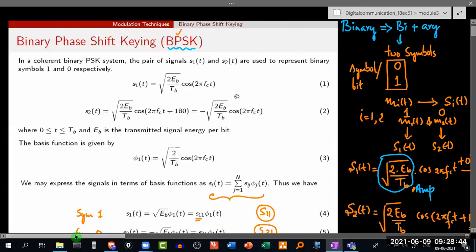Then we'll make use of a modulation scheme like binary phase shift keying, which affects only the phase part of the carrier signal. There are a lot of modulation techniques available, out of which let's study only binary phase shift keying.